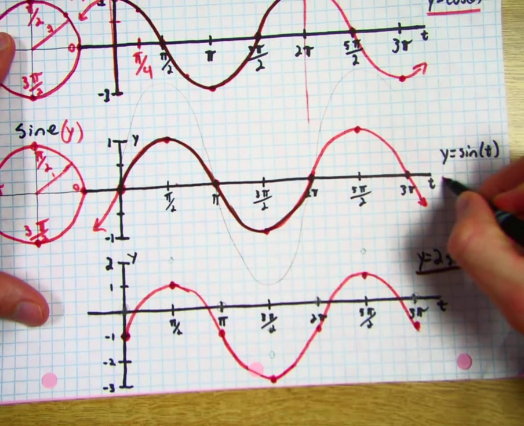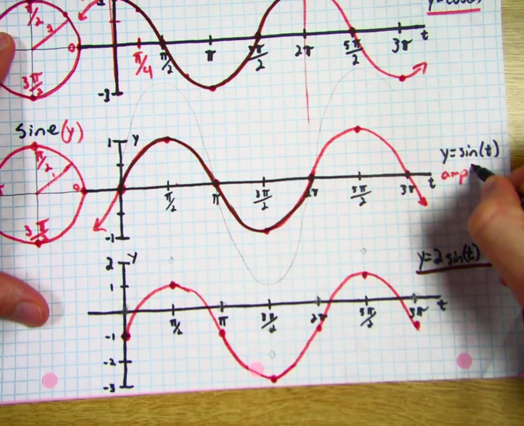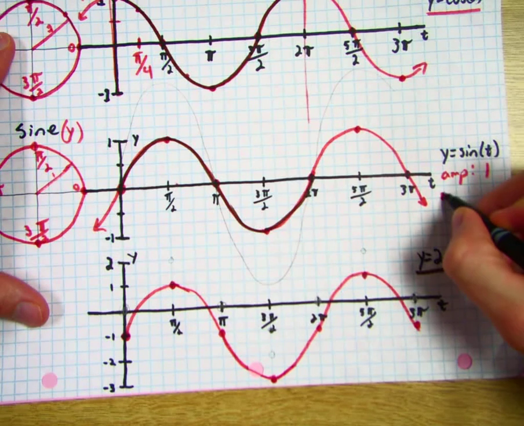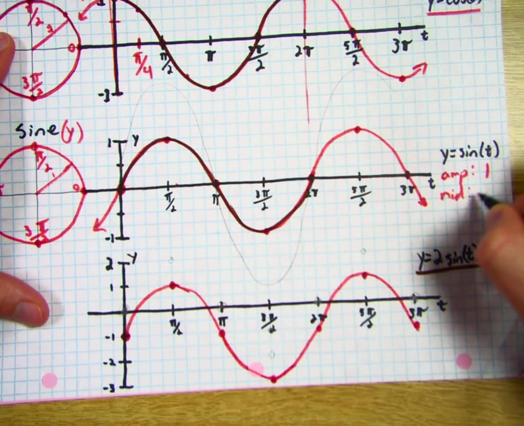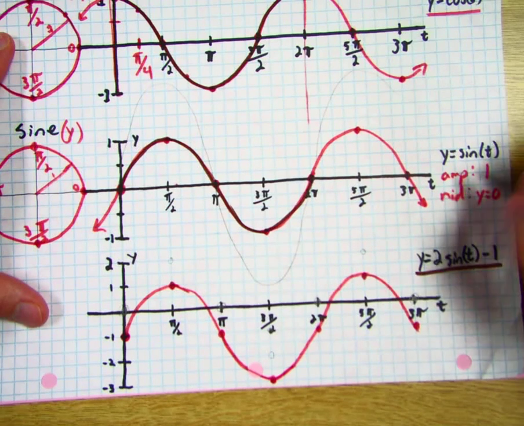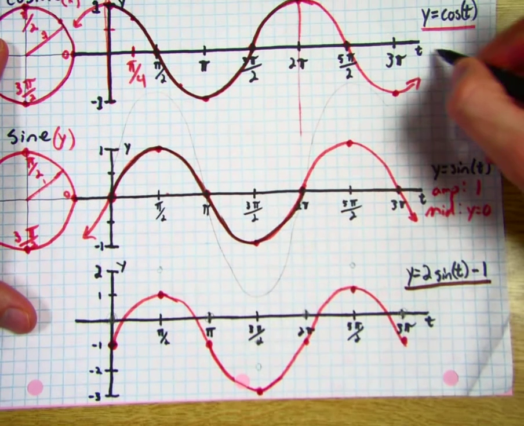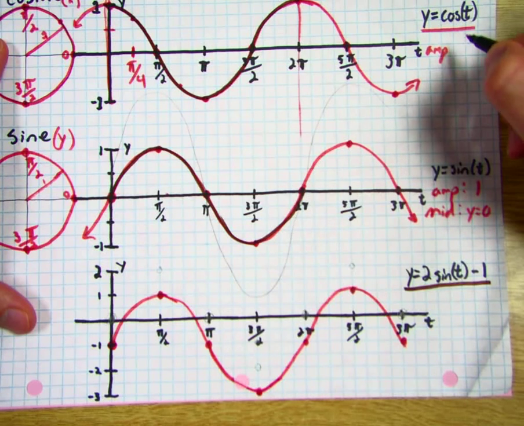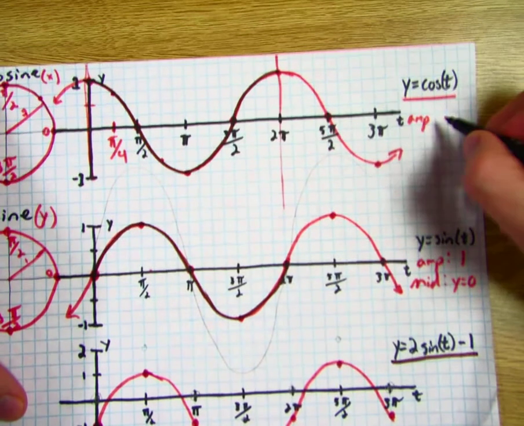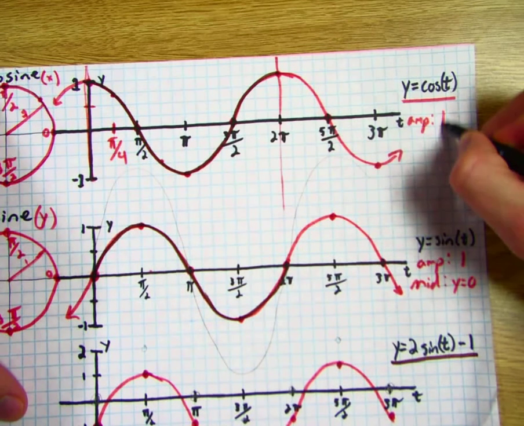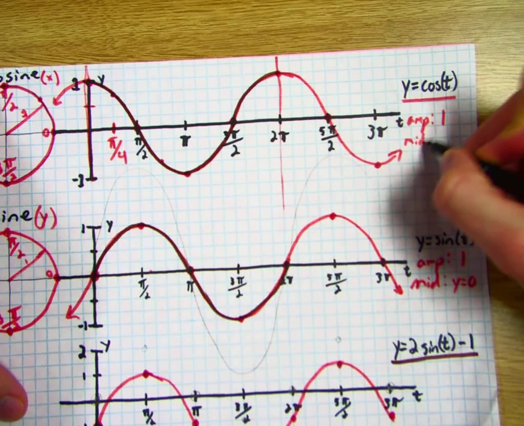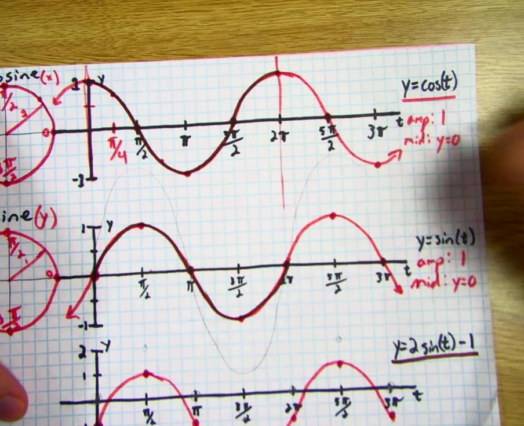So amplitude is 1. Midline is y equals 0. And guess what? That's the same thing for cosine of t. Amplitude is 1. The midline is y equals 0.